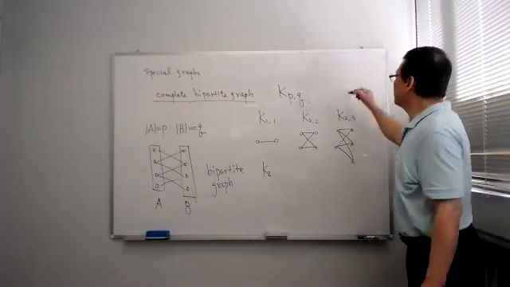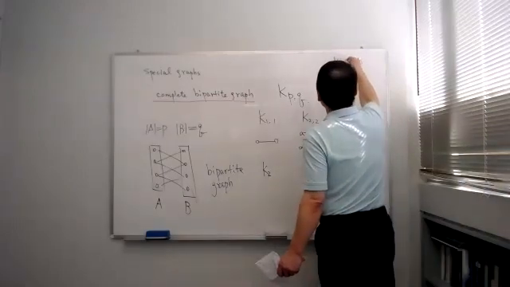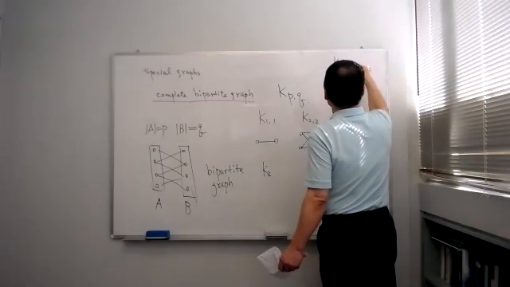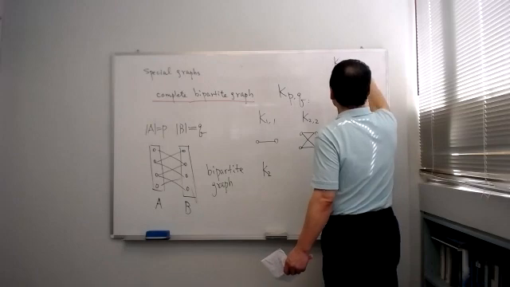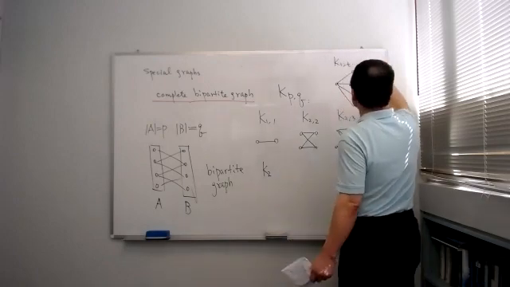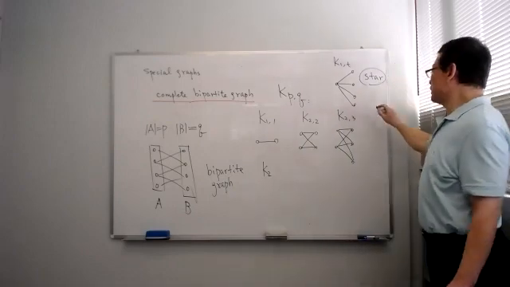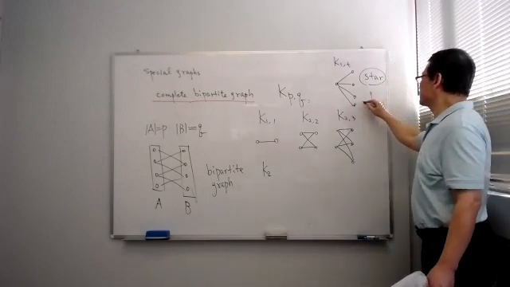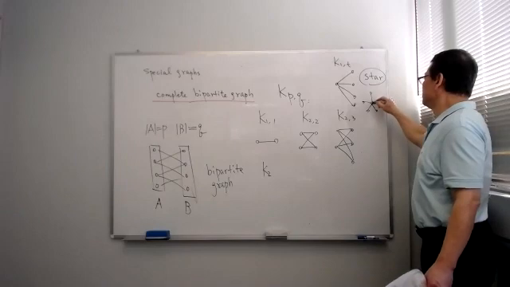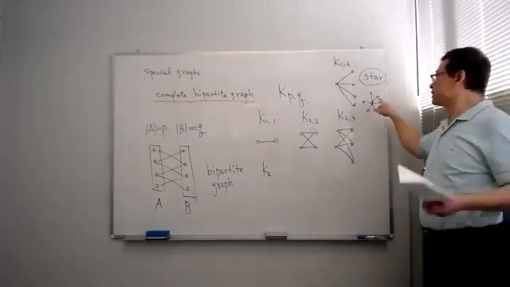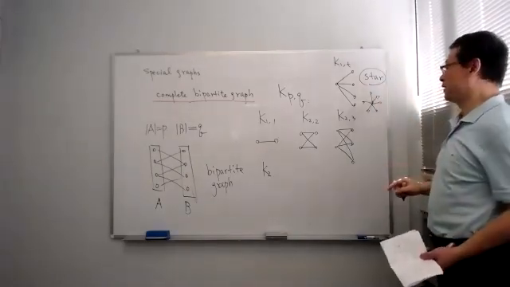In particular, K1T, one vertex here, T vertices here. This one is also called a star. Because if we draw it in this way, it looks like a star. These are the rays of the star. Okay, so that's called a star.